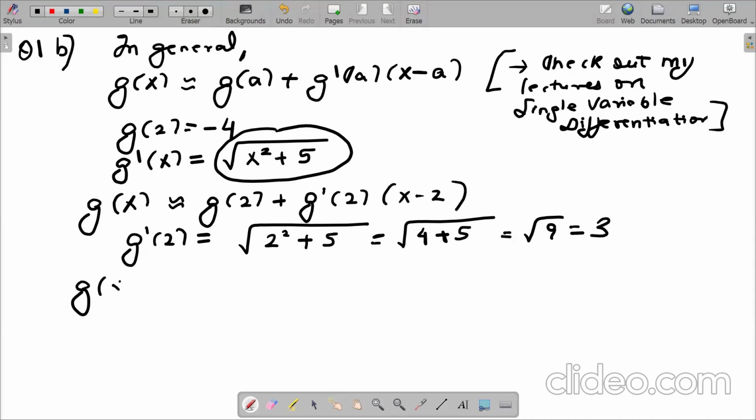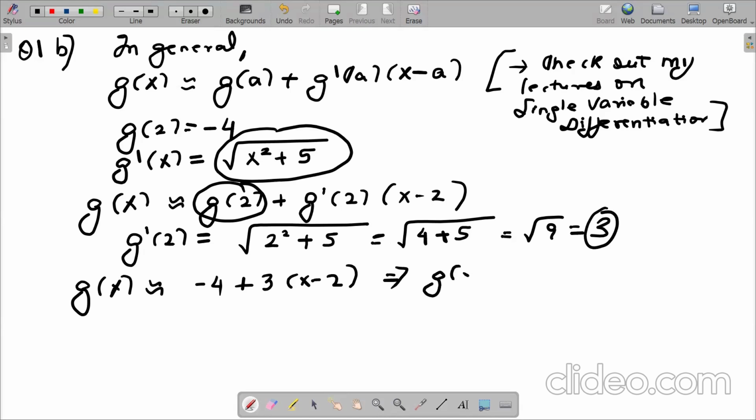So g of x will approximately be minus 4 plus 3 times x minus 2, which implies g of x will be approximately minus 4 plus 3x minus 6. So g of x will be approximately 3x minus 10.